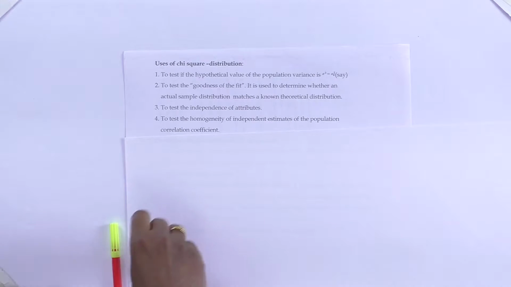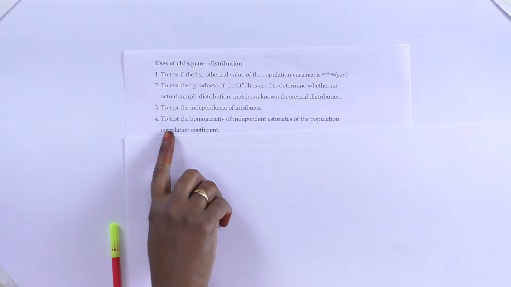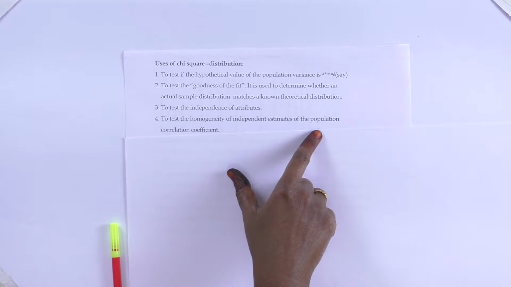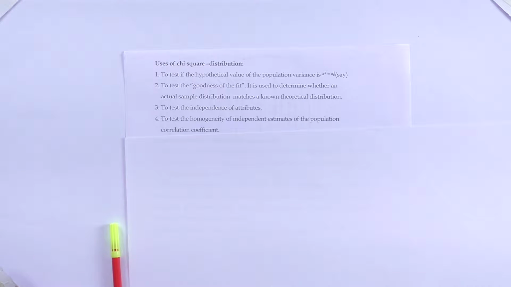Third, to test the independence of attributes. And fourth, it is used to test the homogeneity of independent estimates of the population correlation coefficient. That is, the chi-square distribution is used to find the goodness of fit and independence of attributes.